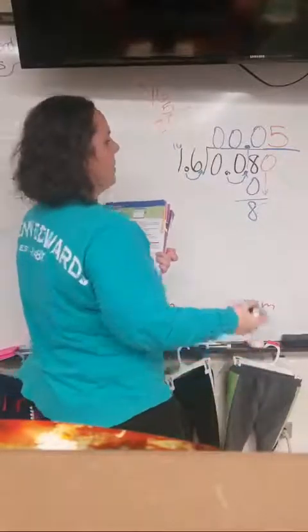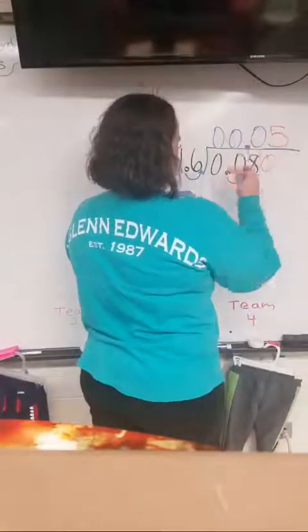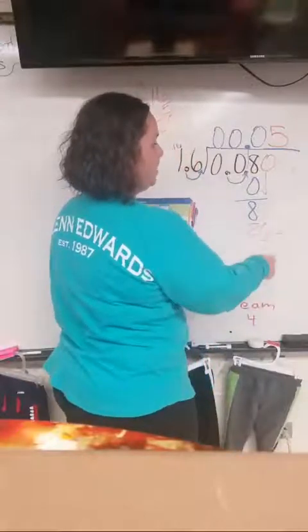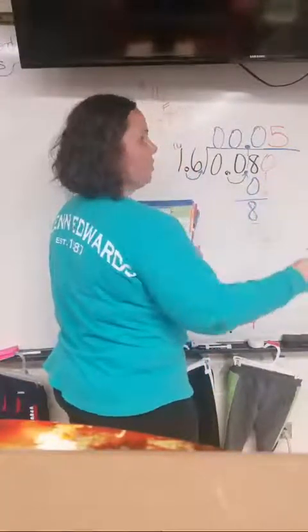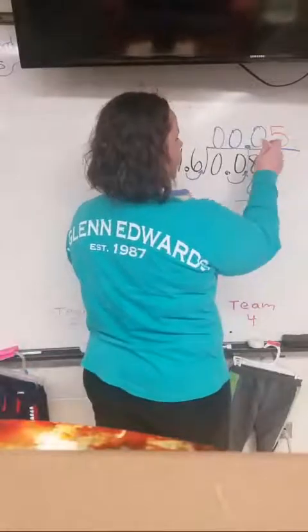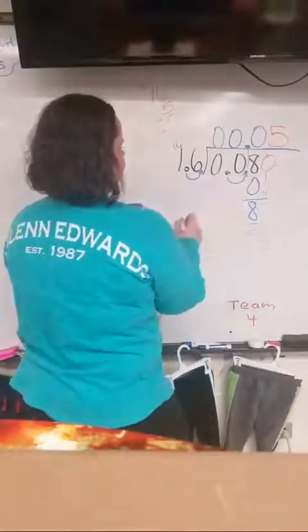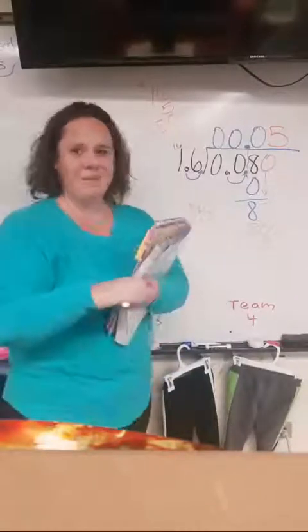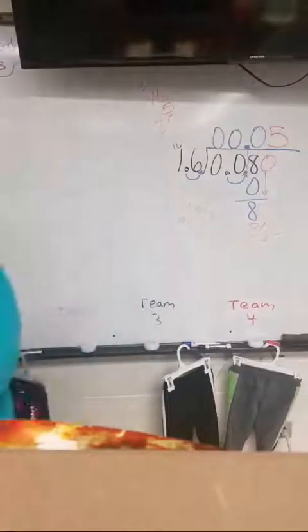So 5 times 16 is 80. And I get 0. So do I need to add another 0? No, because now I have 0.05. So my answer to this is 0.05 or 5/100. Does that make any sense? I hope so.